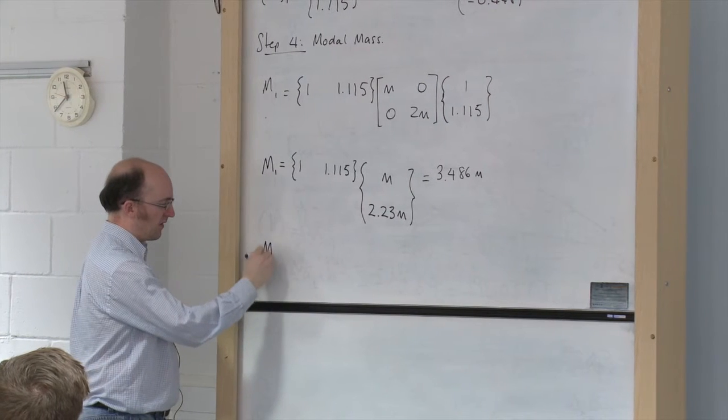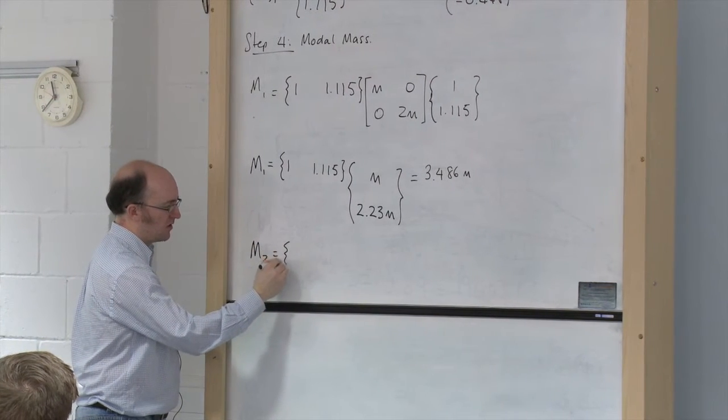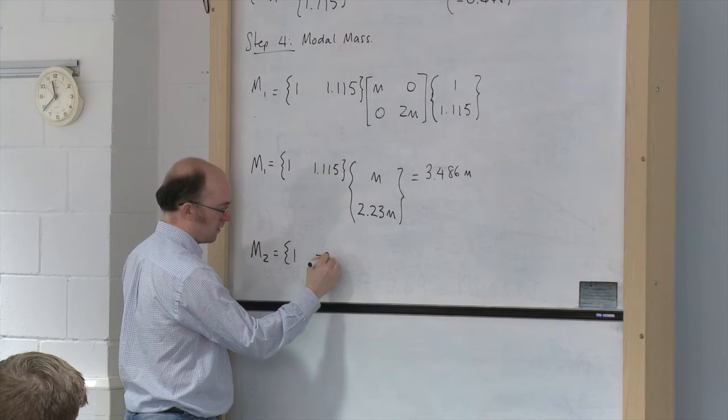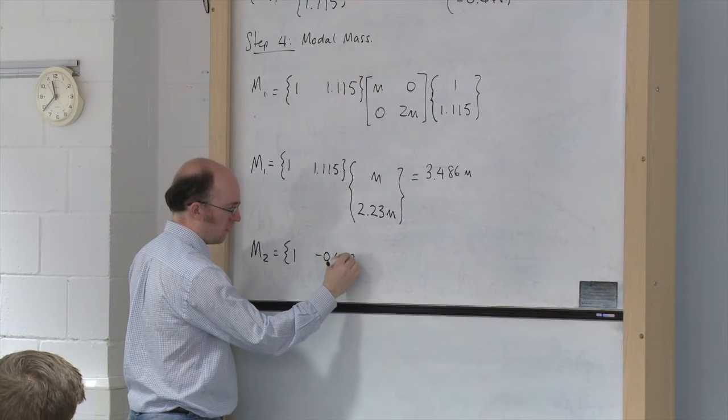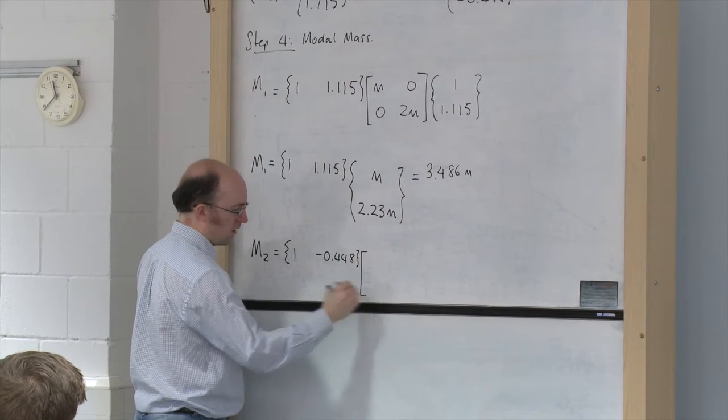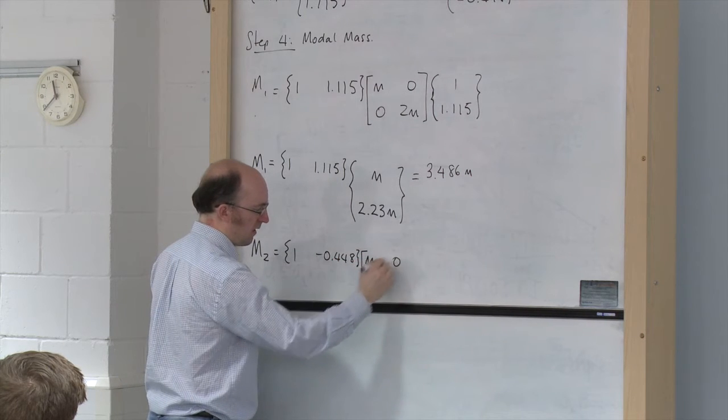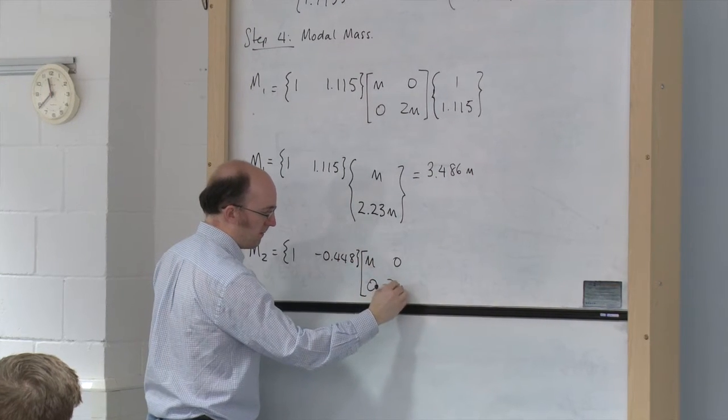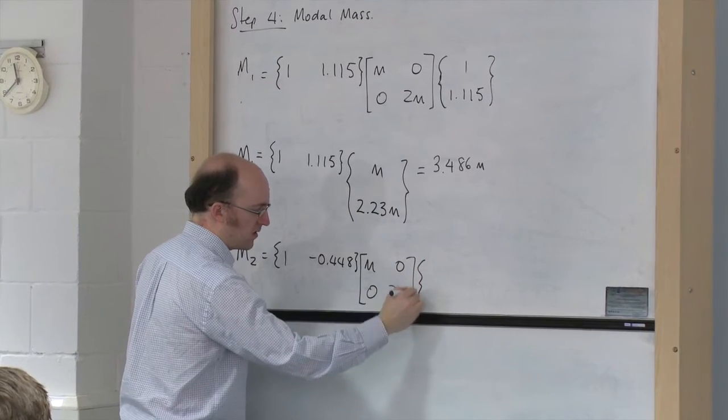We go through the same process for m2. Mode shape transposed. Mass matrix m, 0, 0, 2m. Another mode shape.